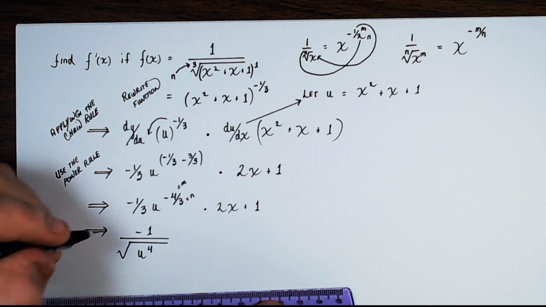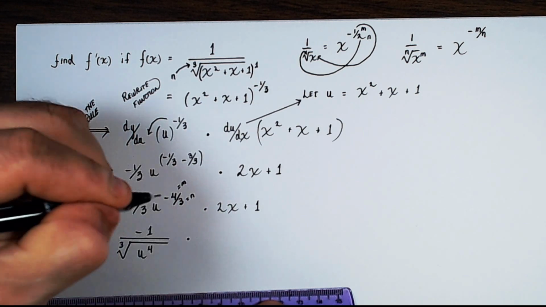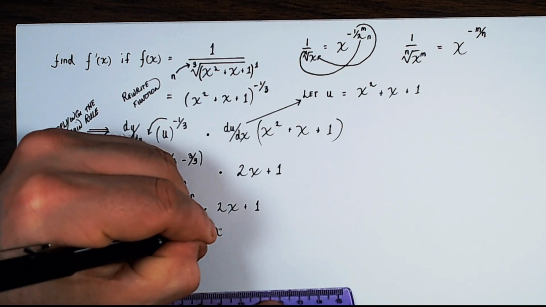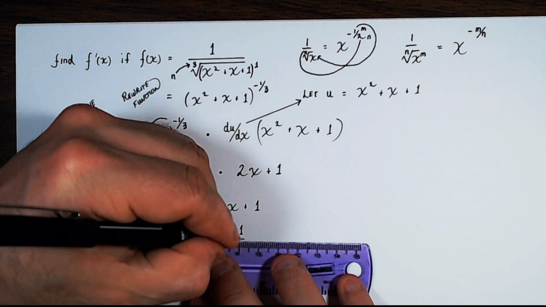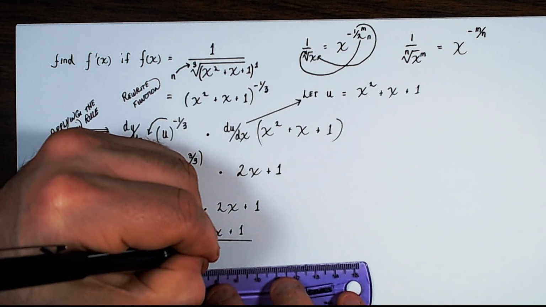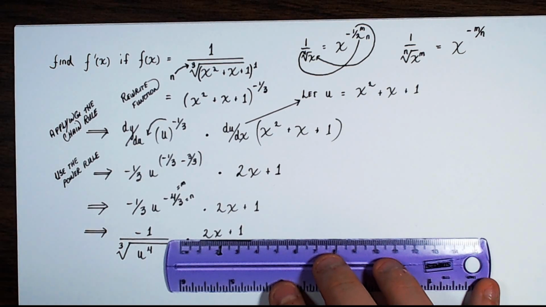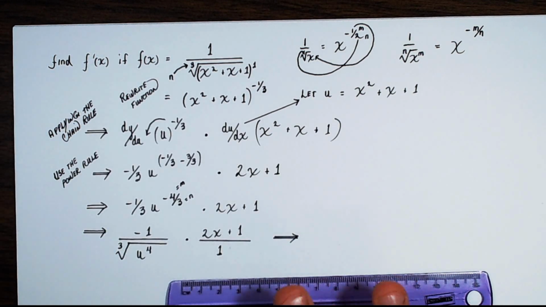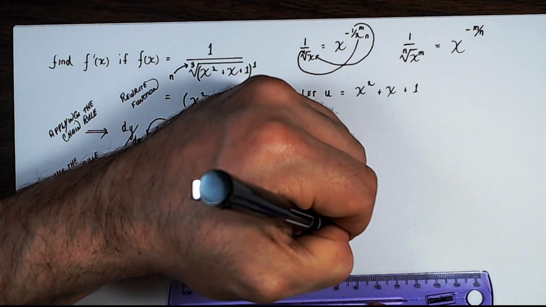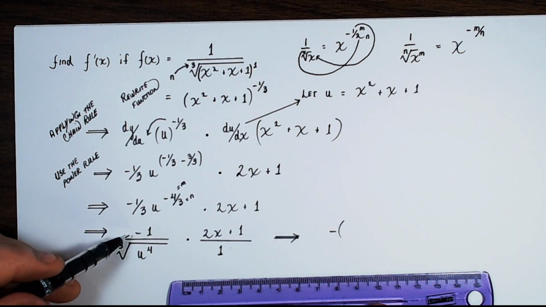Okay, and I need to put a 3 right there to make it the cubed root. Alright, and then I'm going to multiply by 2x plus 1 over 1. So let's now actually do that multiplication. I have a negative sign, and that I'll need to distribute. Don't lose that negative sign.